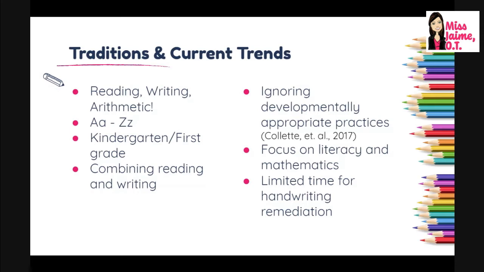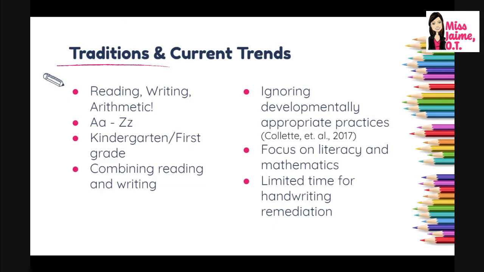Back in the old days, too, there was a lot of combining reading and writing. Children would learn capital A and lowercase a, and they would put that in with the letter sound, A, apple, A. And it is important, of course, to have kids relate the letter sound to what the letter is. But we don't want to teach in A to Z order just because of the letter sound.